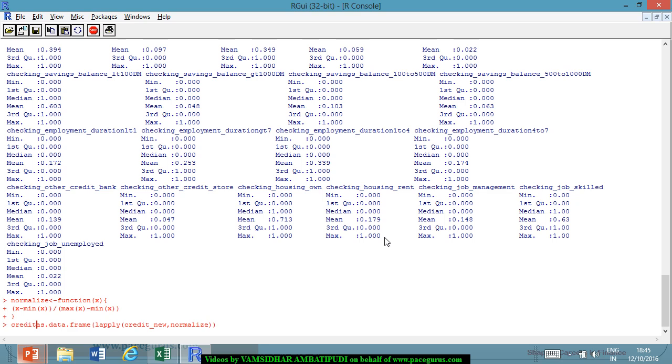So I'll call it credit M, or probably for more clarity, let me call it credit min-max. So I'm using credit min-max as the name of the variable, which is converting it into a data frame after the application of lapply. So this credit min-max will have all the values between 0 and 1 only. Let's try to see that.